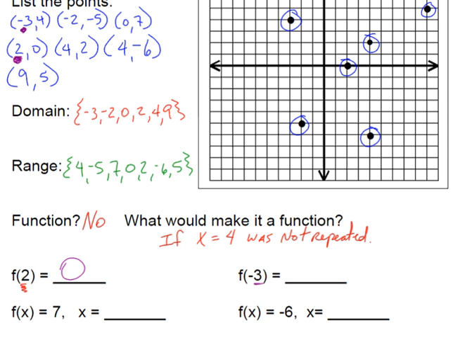There's my -3, so the answer would be 4. This one says my y value has to be 7. Here's my y value being 7, so that would be 0. Here, my y value is -6, and it would be 4.